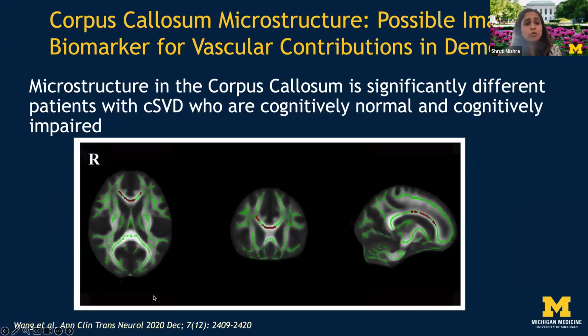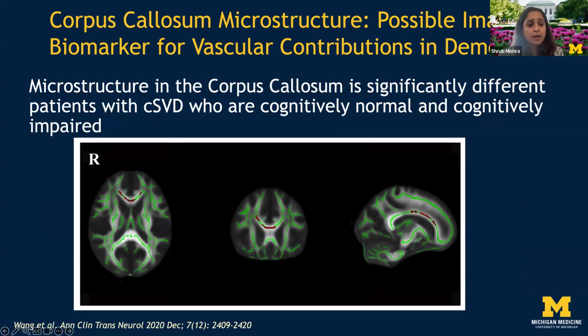Additionally, microstructure in the corpus callosum has been found to be significantly different in patients who have evidence of cerebral small vessel disease. In this particular study, all of their participants had either moderate or severe white matter lesions based on a Fazekas grading score.